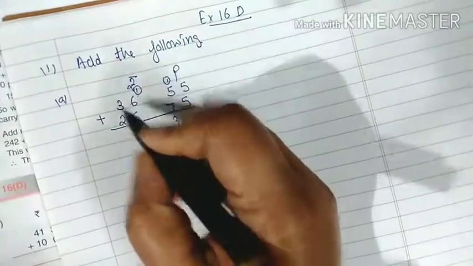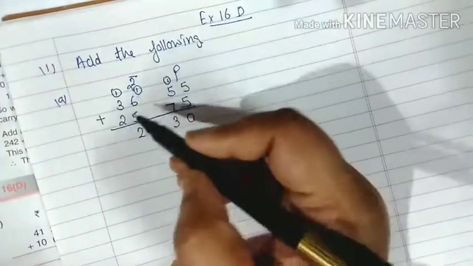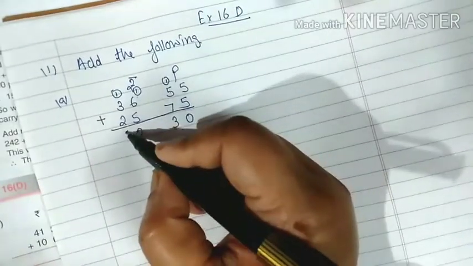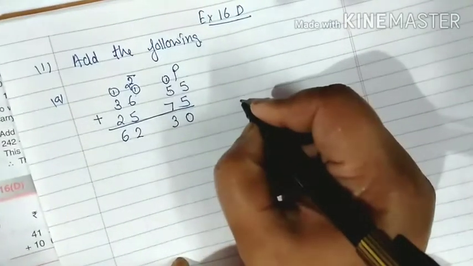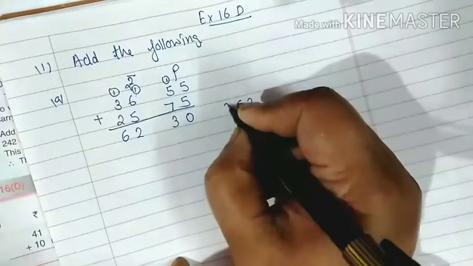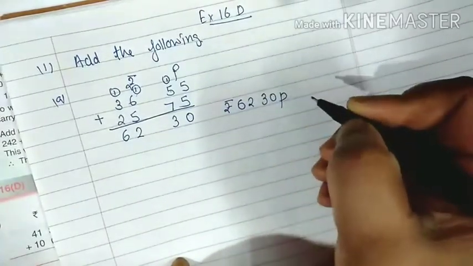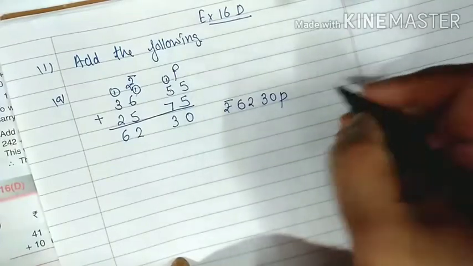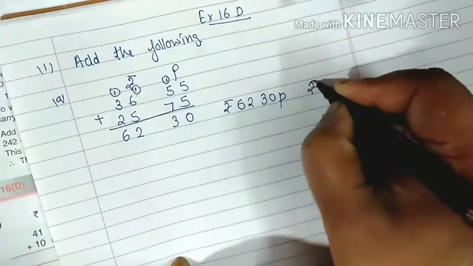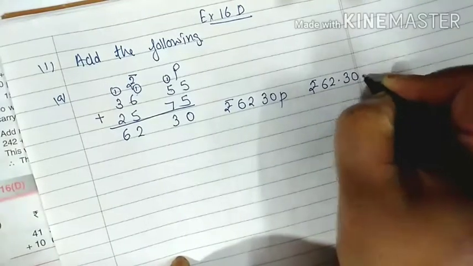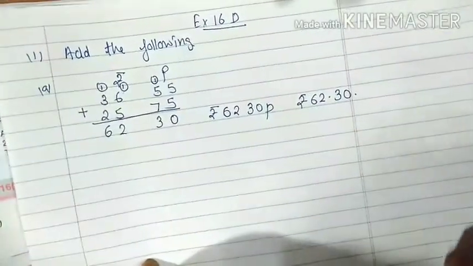So 2, 1 carry, 3 plus 1, 4, 4 plus 2, 6. So what is your answer? Answer should be 62 rupees 30 paisa. Or you can write it like this, rupees 62.30. Understand children? It's very easy.